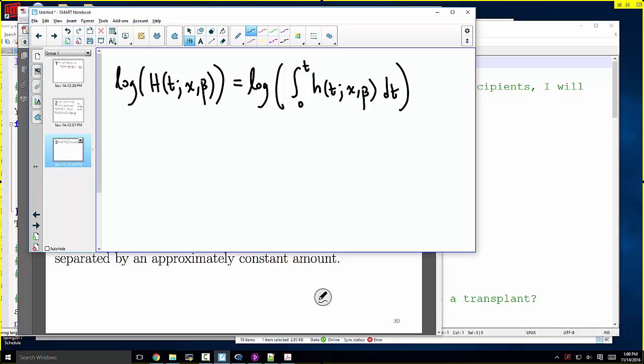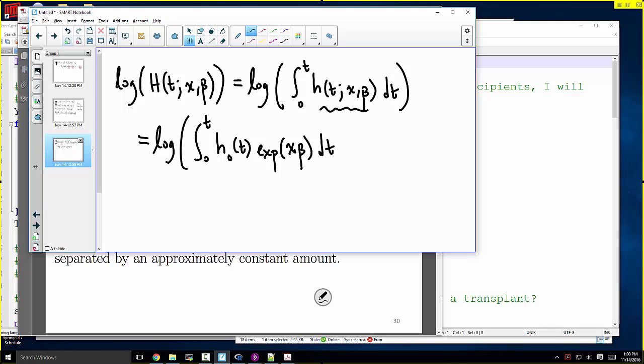And according to the proportional hazards assumption, this is equal to the integral 0 to t of a product of baseline hazard times e to the x beta. So that e to the x beta can be pulled out of the integral because it has no t in it.